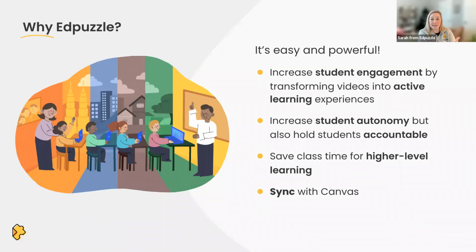It increases the engagement because they have to answer the questions as they watch the video. They are becoming more active learners. It saves class time for higher level learning, and it syncs with Canvas, which is going to be your favorite thing because you share it as an external tool within Canvas, and it automatically sends the grades to your gradebook.